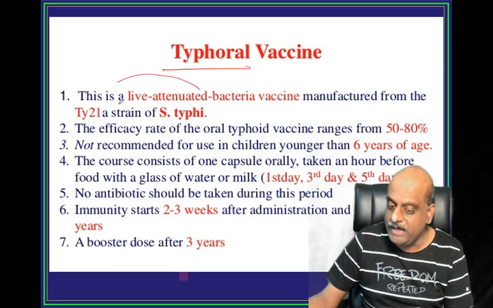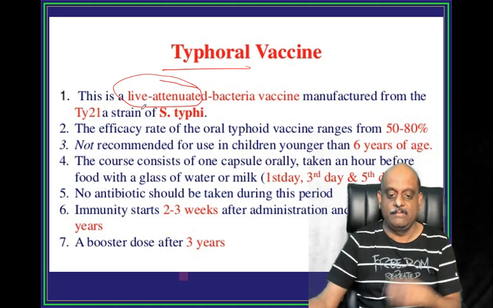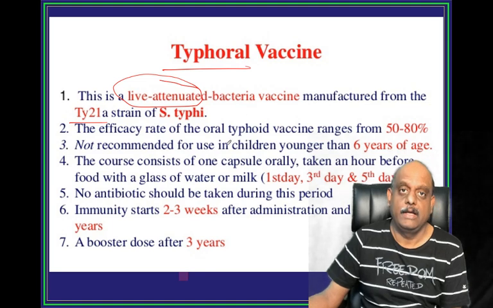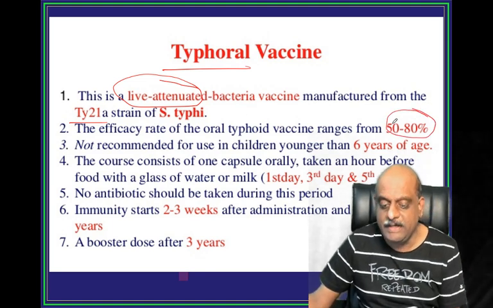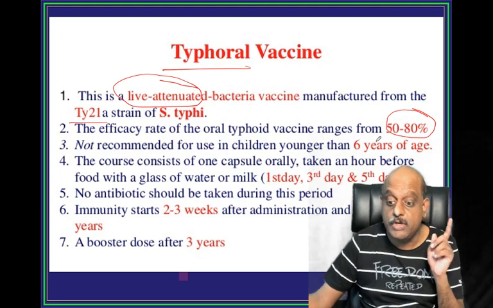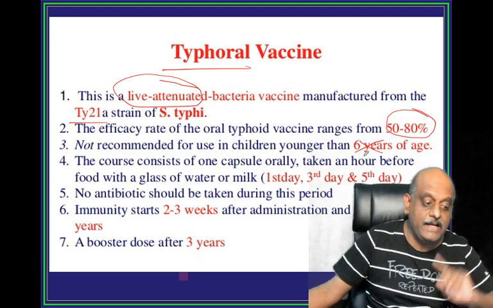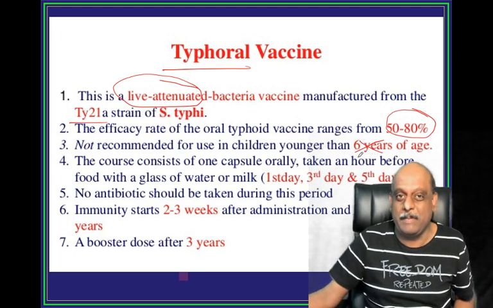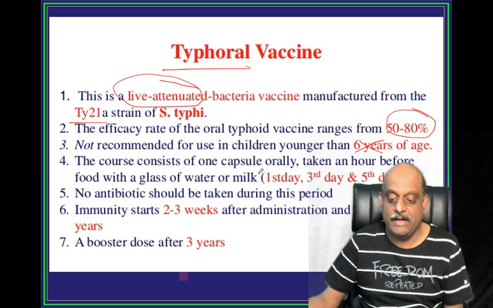So, Typhoral is a live attenuated vaccine from the Ty21a strain. 50 to 80% is the efficacy. And Typhoral is not recommended if the child's age is less than 2 years, is what you need to remember. And how do you give this?